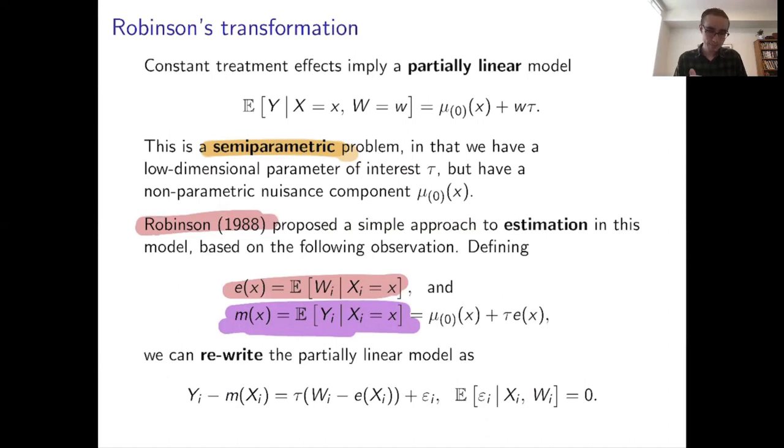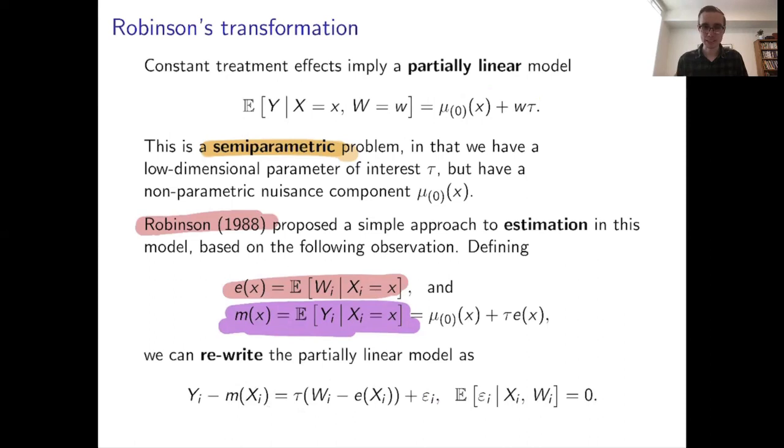Given this notation, you can subtract m of x from both sides of this expression here. And then what you see is that y minus m of x is equal to tau times the treatment minus e of x, plus epsilon.